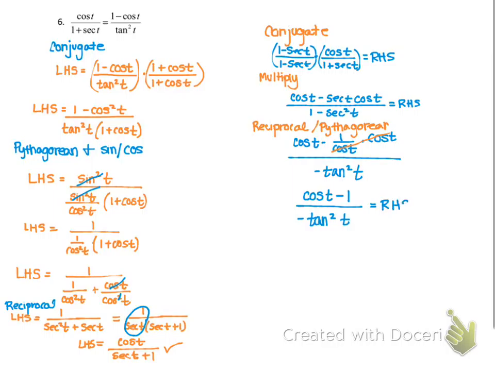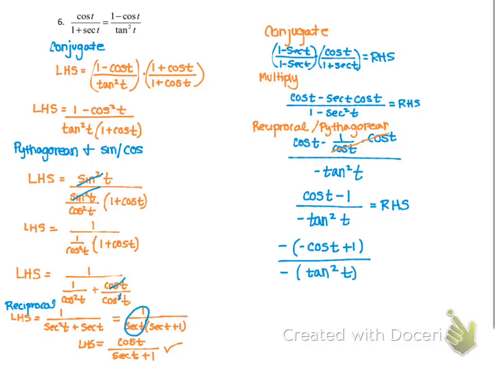So we are so close, except we have a negative tangent on the bottom and we actually have the opposite up top. We want cosine to be negative and 1 to be positive. So what we can do is factor out a negative on the top and the bottom. So if I take out a negative at the top, I'm left with negative cosine plus 1 over negative tangent.